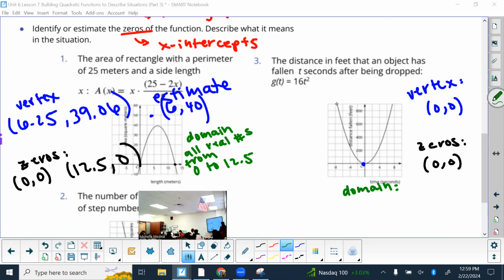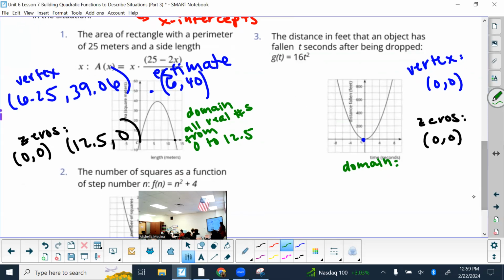And granted, we can really talk about like the x's that are on the line. But for this one, when we were talking about area of a rectangle, could you have negative x's, class? So that's why we didn't include the negative values, even though the graph extends to the negative for the x's. In this one, we're talking about the distance in feet that an object has fallen after being dropped.